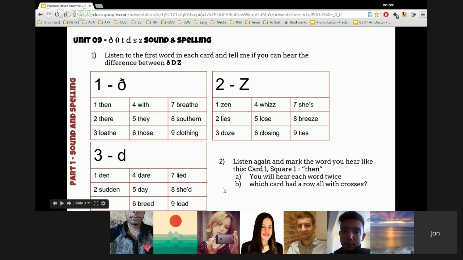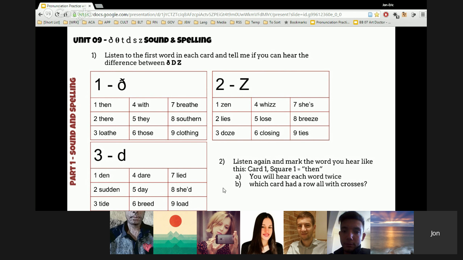Ms. Bertelli. Card 3, square 8. Sheed. Okay, very good. How about 2, 7? She's, with a Z. She's.